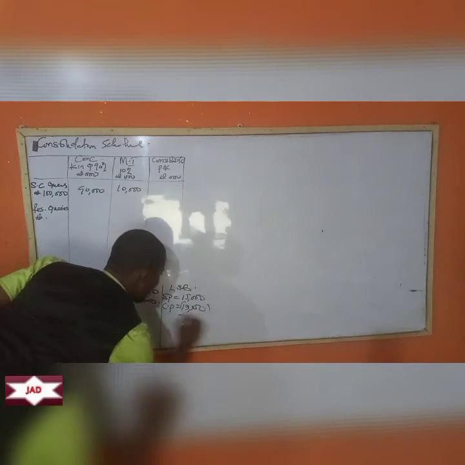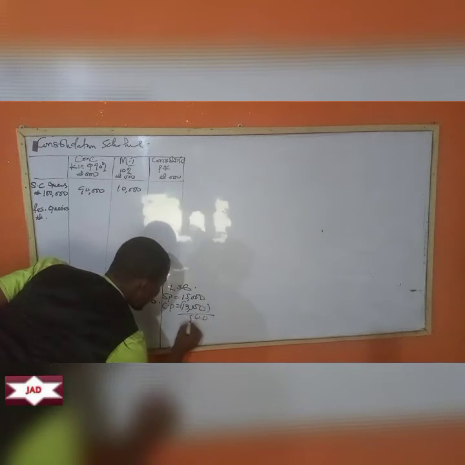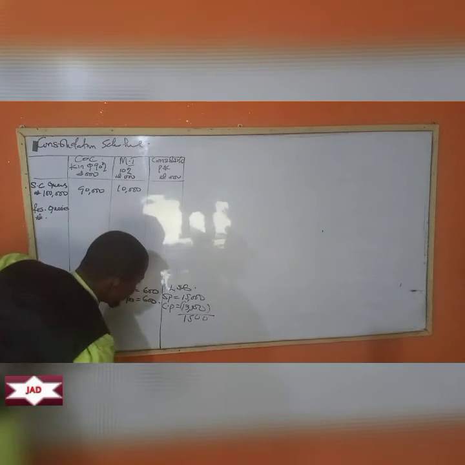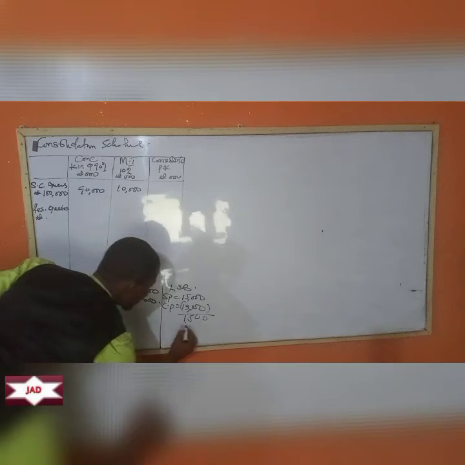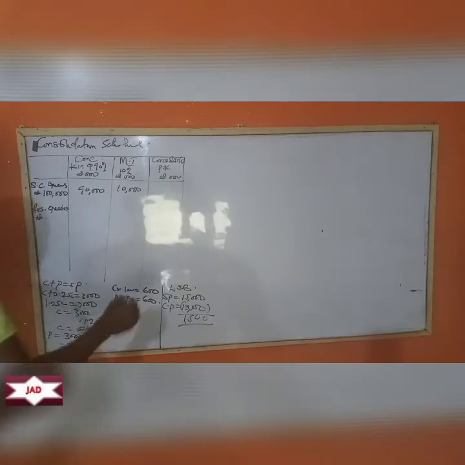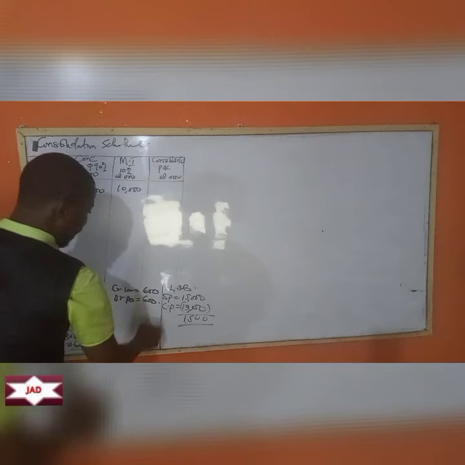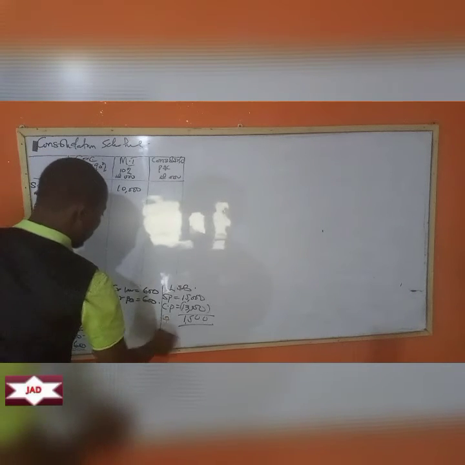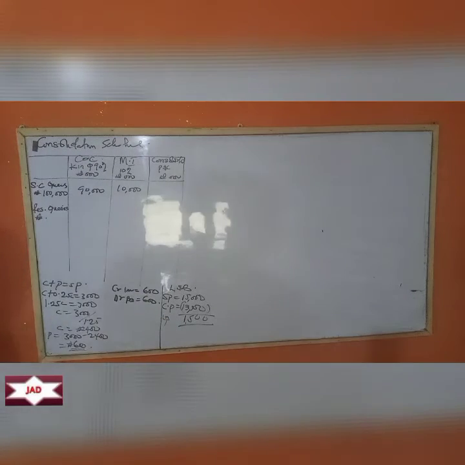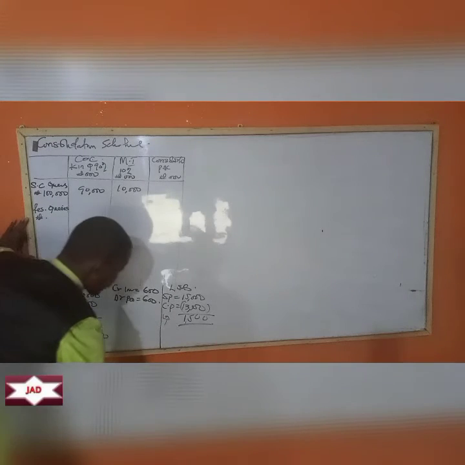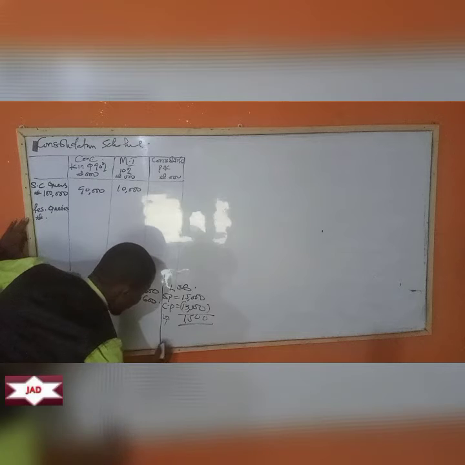If you take this out, 0 minus 0, 10 minus 5 is 5, 4 minus 3 is 1, so we have 1,500,000. This is the unrealized profit on land and building. So what's our journal? That means we are going to what now?